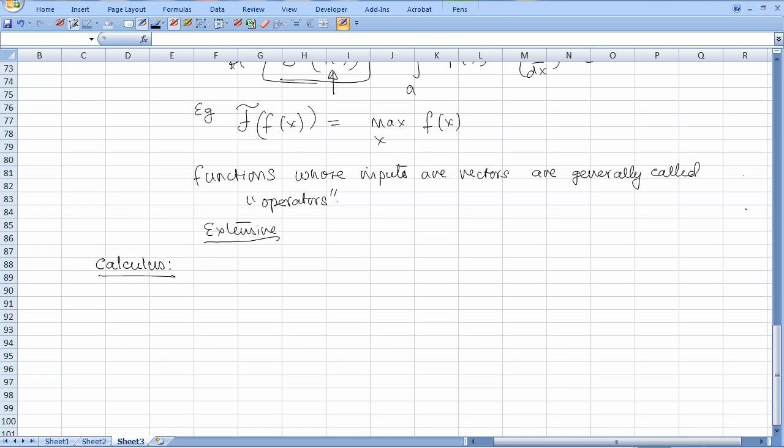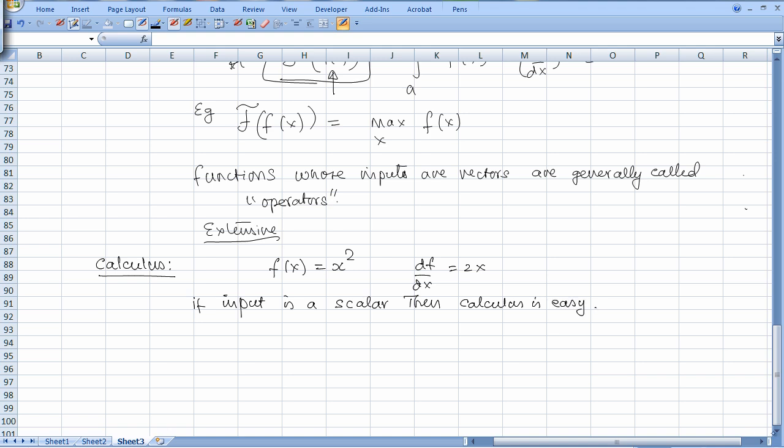For example, if f of x is x squared, we know how to do df/dx. That's easy, no? That's 2x. So if the input is a scalar, then calculus is easy. Single variable calculus is what we build upon.